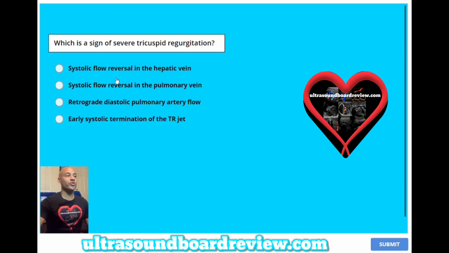Question 133. Which is a sign of severe tricuspid regurgitation? A, systolic flow reversal in the hepatic vein. B, systolic flow reversal in the pulmonary vein. C, retrograde diastolic pulmonary artery flow. Or D, early systolic termination of the TR jet?